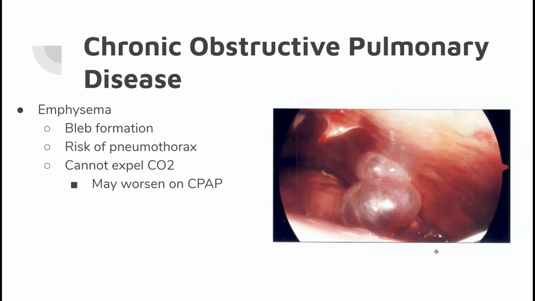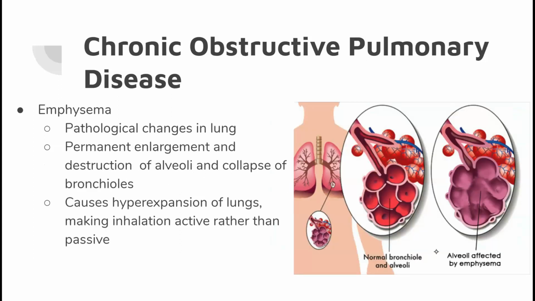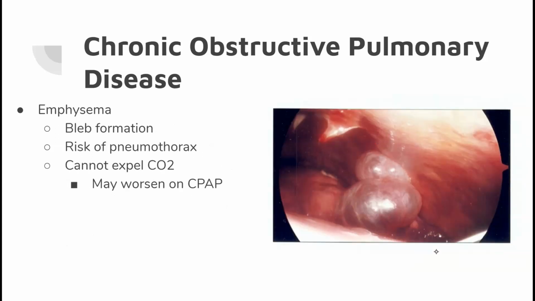Another problem with emphysema is the formation of blebs. As these giant alveoli start to become weak, they'll push out, and it's very, very common that they'll burst, right? So COPD patients are at a high risk for pneumothorax, okay? CPAP might make it worse, given the fact that there's a weak spot and you're putting it under extreme pressure.